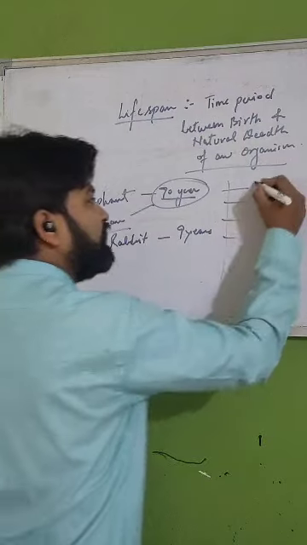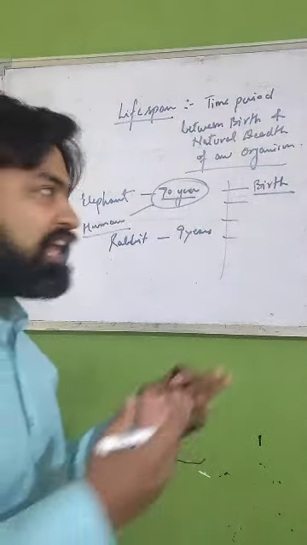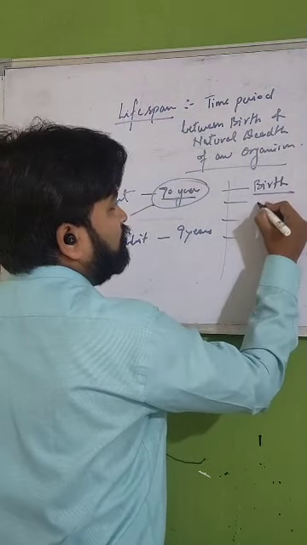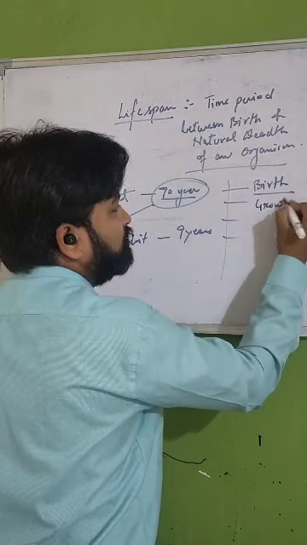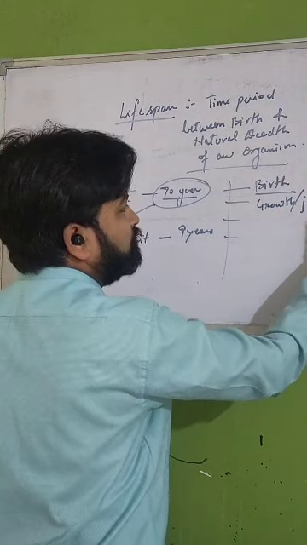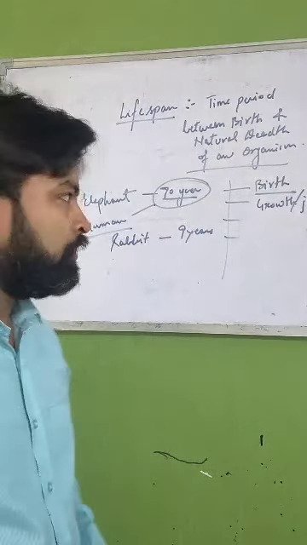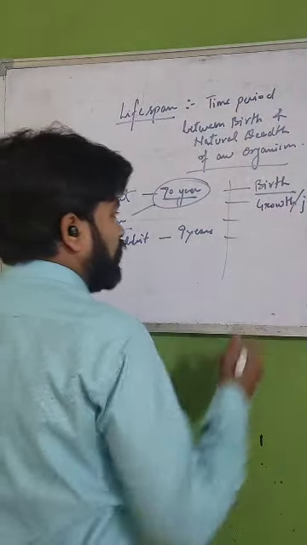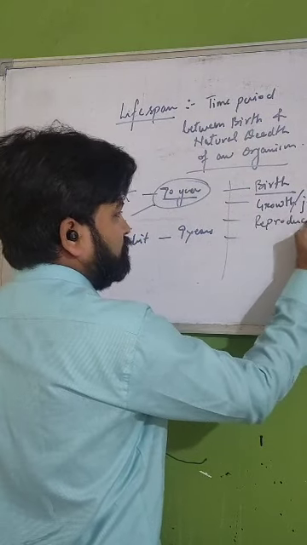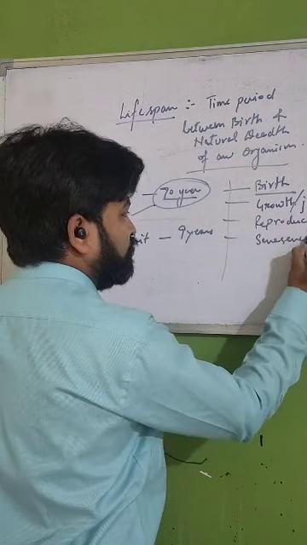The first one is birth phase, the time when a particular organism takes birth. The second one is growth phase, also known as juvenile phase. The third one is reproductive phase. And the last one is senescence or aging.